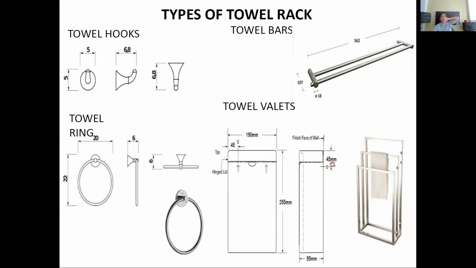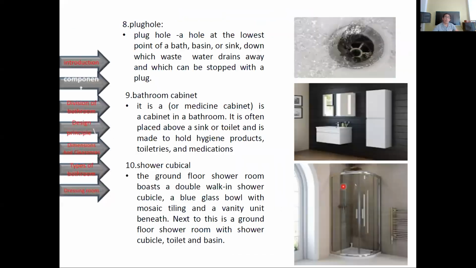The installation of a towel rack is usually about 1.8 from the floor, or sometimes about 1.9 from the floor, depending on the design of the designer.